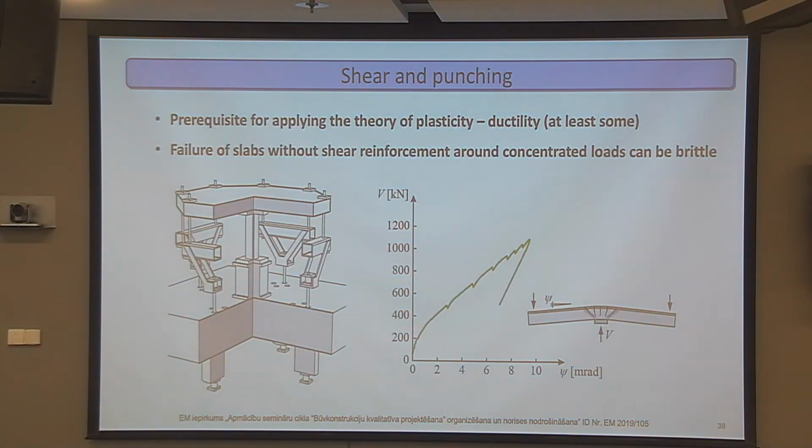And if we measure the load and the rotation, which is the angle between the original undeformed shape and the deformed shape during the test, then we can see that at around 1050 kilonewtons the load just dropped and the slab failed in a very brittle manner.